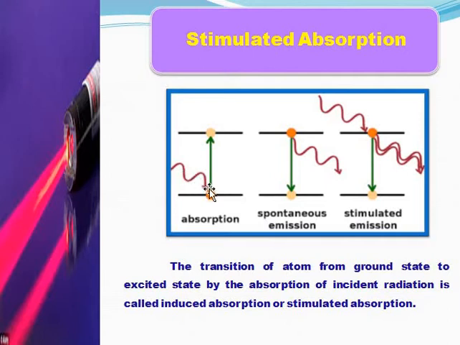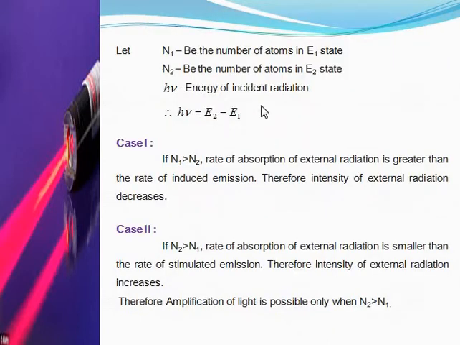When radiation of the same wavelength and frequency is incident, then due to stimulated emission the same photon is emitted in the same direction. The transition of an atom from the ground state to the excited state by absorption of incident radiation is called induced absorption or stimulated absorption. Let N1 be the number of atoms in the E1 state, N2 the number of atoms in the E2 state, and h nu the energy of the incident radiation. Therefore h nu equals E2 minus E1.